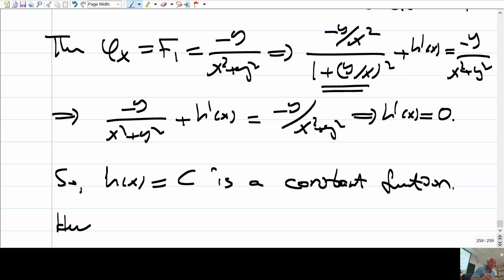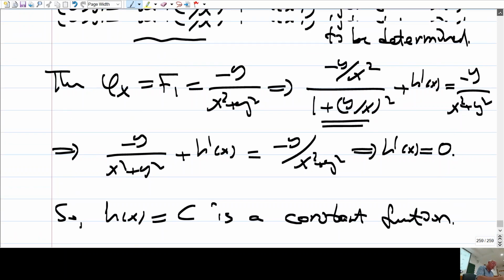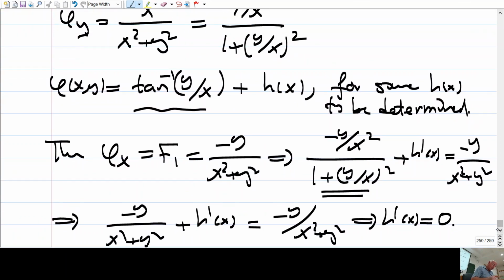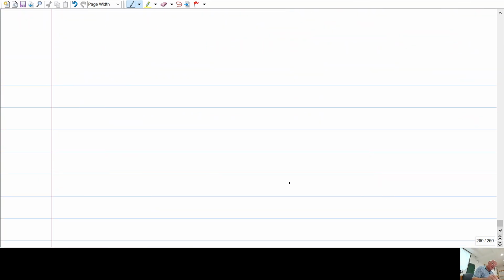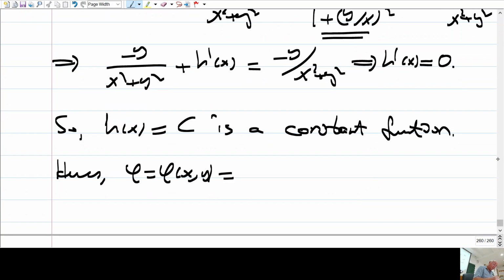Hence phi of x, y should be the following: tangent inverse of y over x plus a constant.